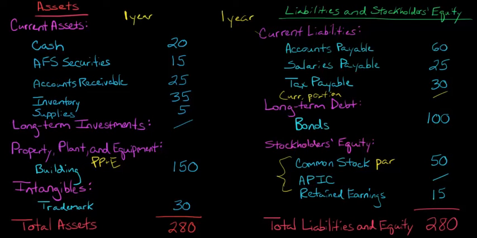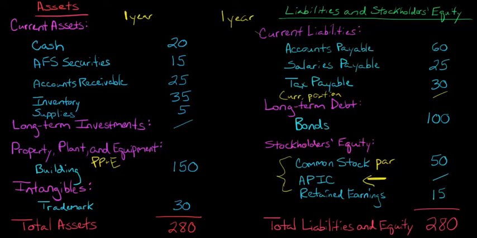And these days, they set the par value really low, like 1 cent per share or something like that. But whenever a firm issues stock, it'll have some par value. And then the difference between whatever the firm sells the stock for and whatever the par value is, that's called additional paid-in capital, and that's that account right there.